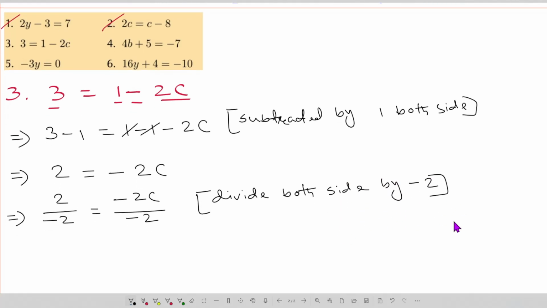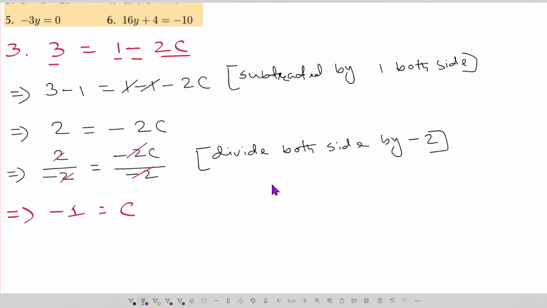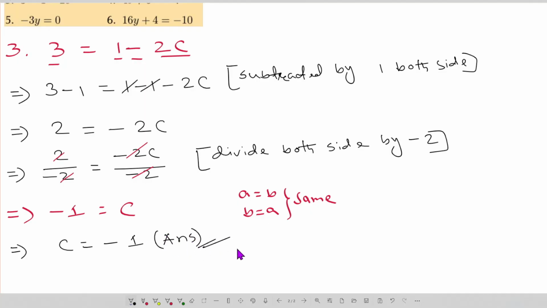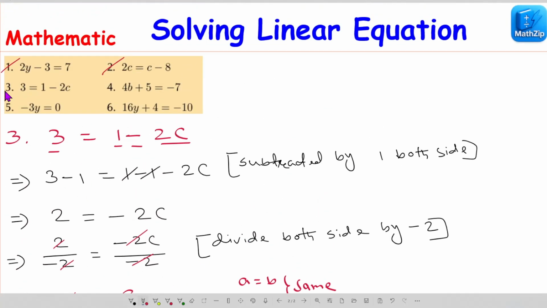Okay, so here 2 and 2 out, result will be minus 1, and here minus 2 and minus 2 once we divide, here is only c. So look, a equals b or b equals a is the same, right? So this one we can write c equals minus 1. This is our answer. Very simple. Okay, so number 3 done.